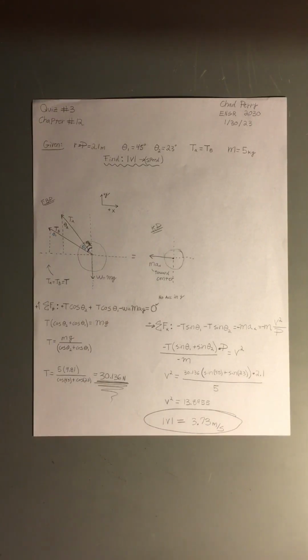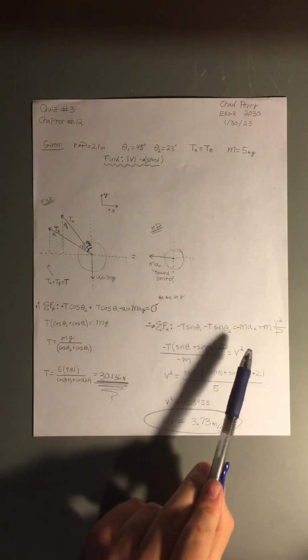And then over here, I did the same thing in the x direction, and I set positive x going to the right. And so in the x direction, we don't have the weight pulling down. All we have is the tension of A times sine of that angle pulling to the left, so it's negative, and then minus the tension in B also pulling to the left times sine of that angle.